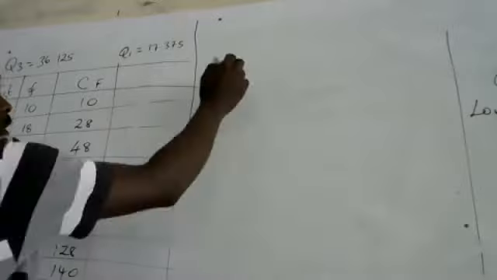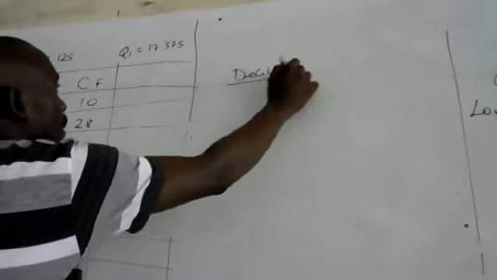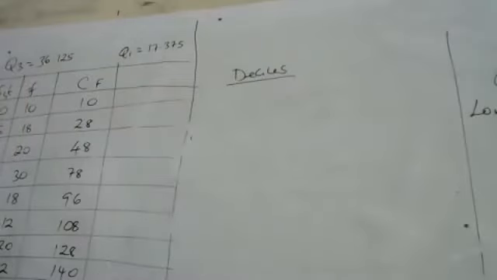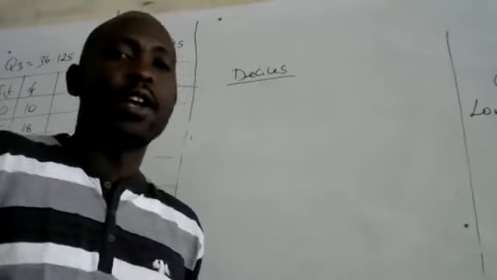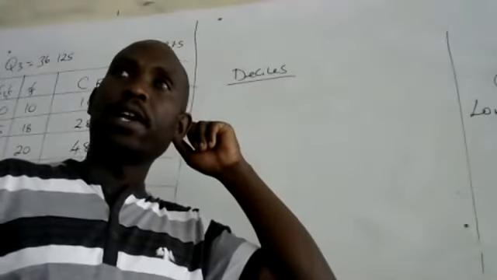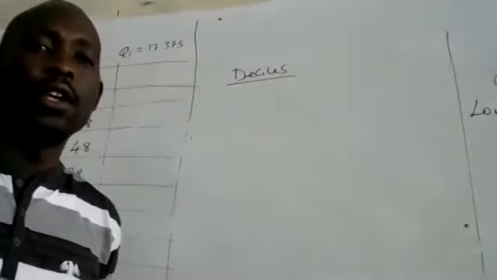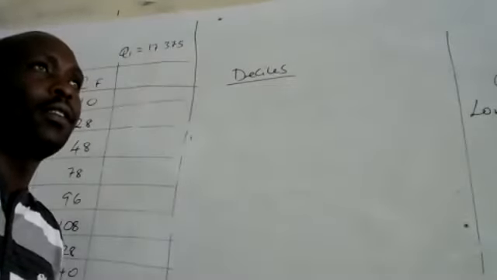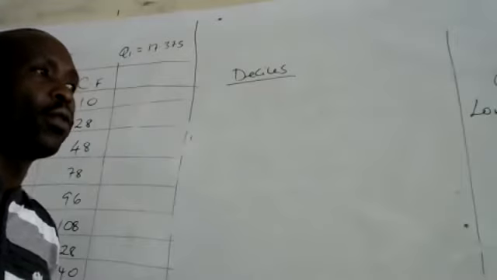Deciles are values that divide a distribution into 10 equal parts.